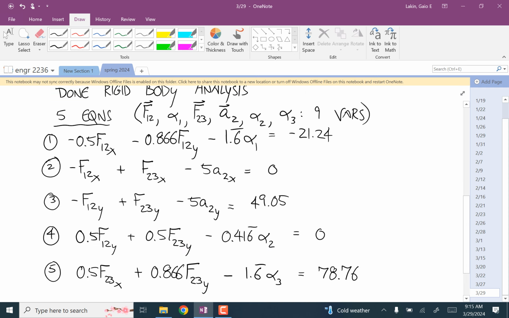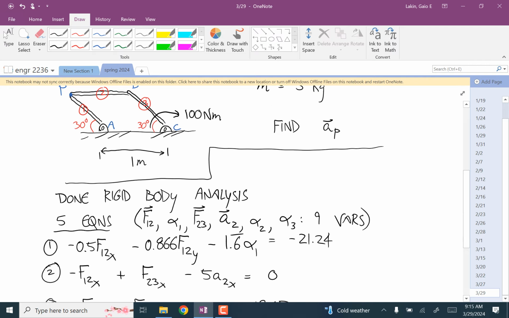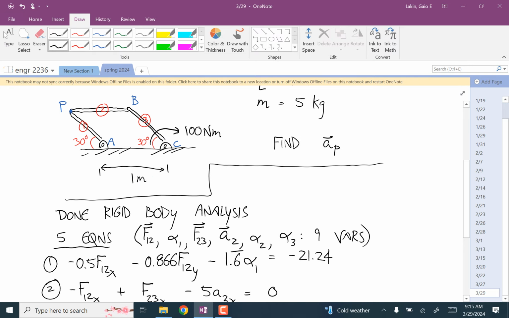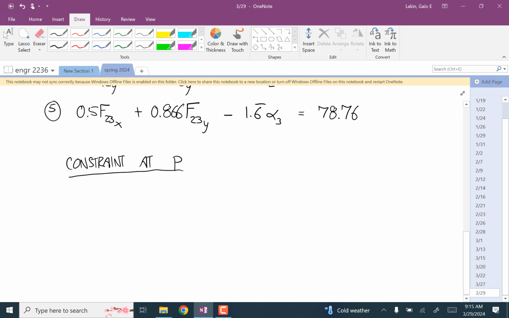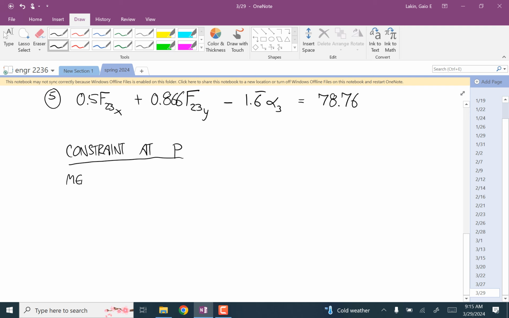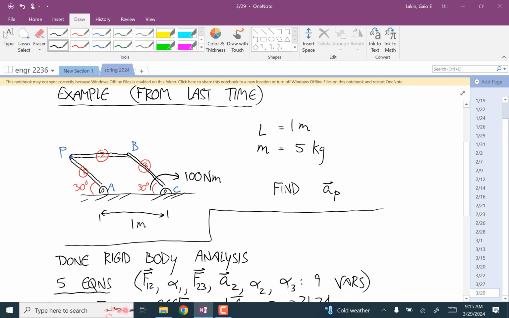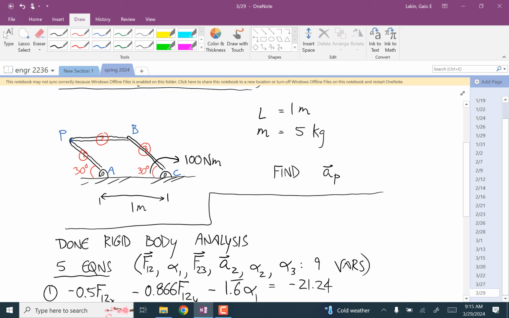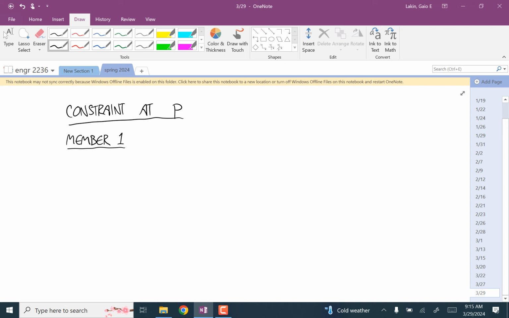Okay, we're doing the constraint at P, and I'm going to calculate the acceleration of point P according to member 1 first, and then member 2. For member 1, point P is just in circular motion around A. So the acceleration at P is equal to the rigid body acceleration equation.